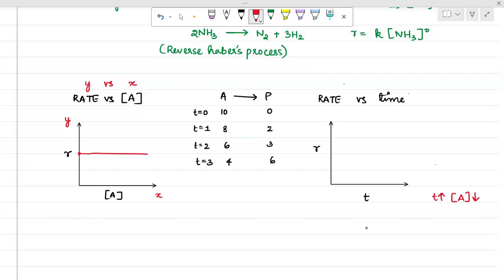No. Why? Because for a zero order reaction, rate is just equal to K. It's a constant. It does not depend upon the concentration of the reactant. Even if with time the concentration of reactant is decreasing, in a zero order reaction, it has no effect. So here also, it will be a straight line. Okay? Now, one thing that you have to be careful of.